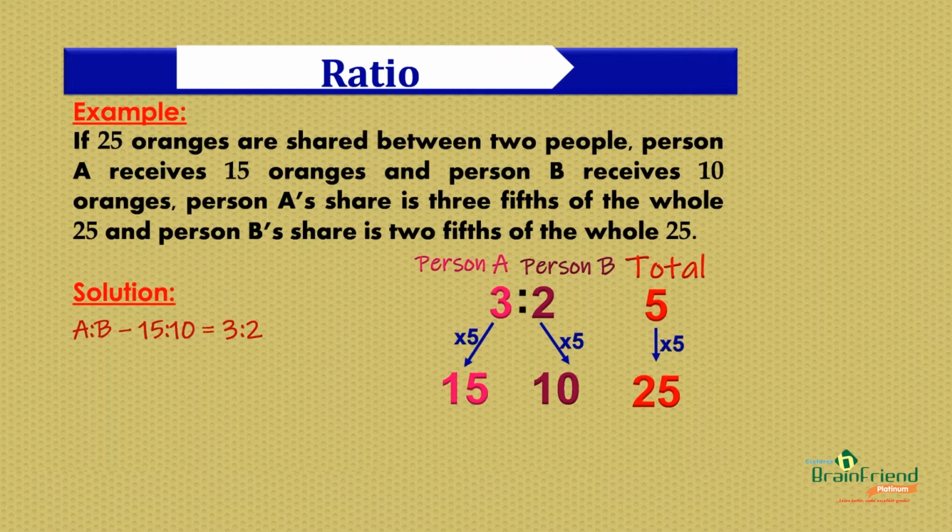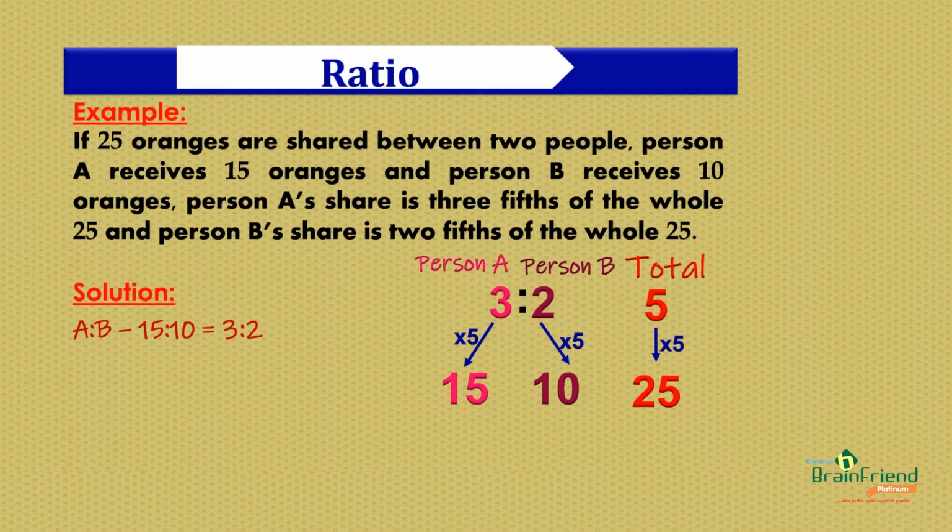We have an example, still talking about ratios. If 25 oranges are shared between 2 people, person A receives 15 oranges and person B receives 10 oranges. Person A's share is 3/5 of the whole 25, and person B's share is 2/5 of the whole 25.